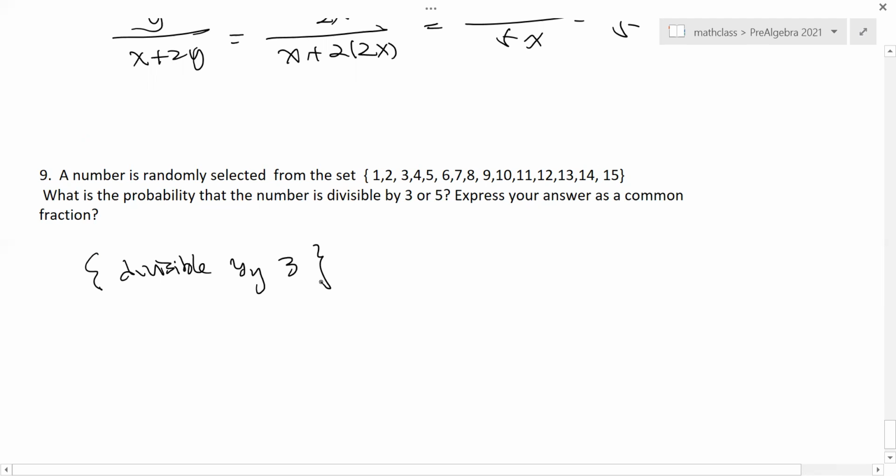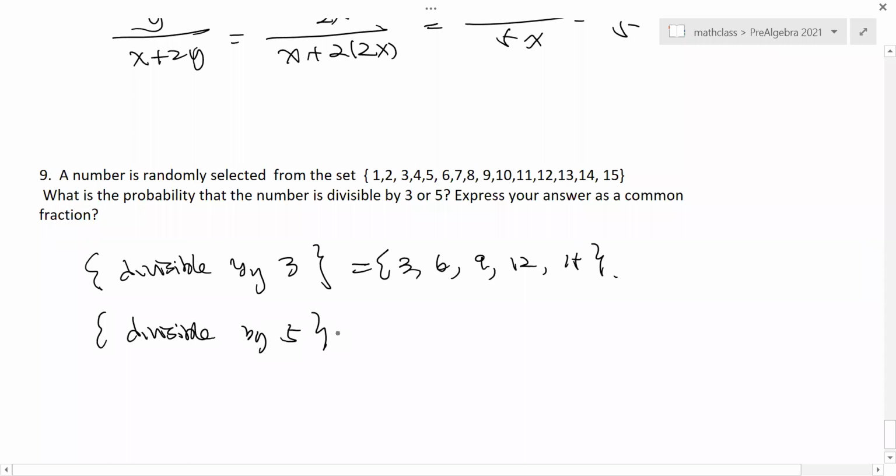Then those two sets have a common element. Divisible by 3: 3, 6, 9, 12, 15. Divisible by 5: 5, 10, 15. So you will see that 15 is in both sets.